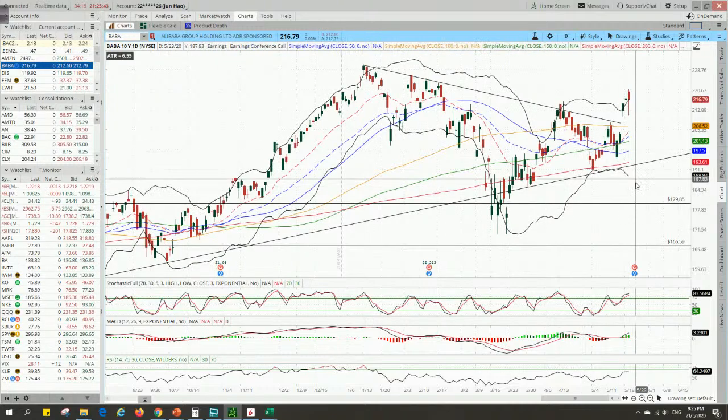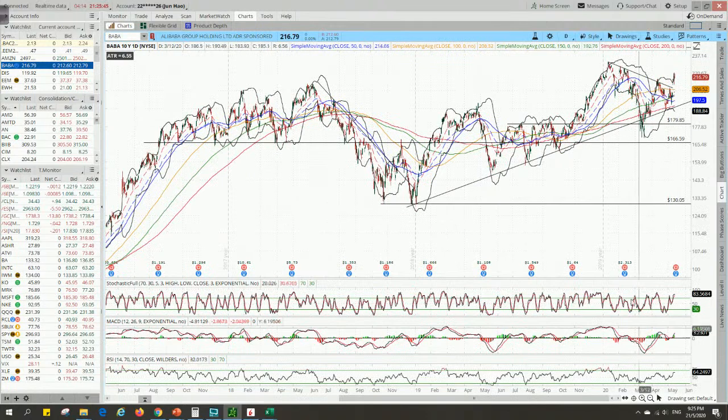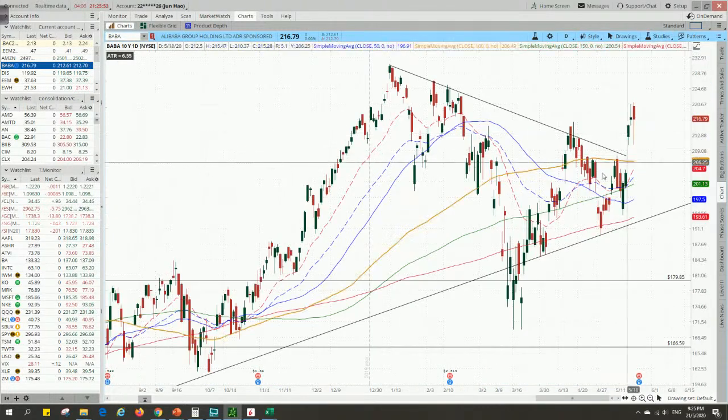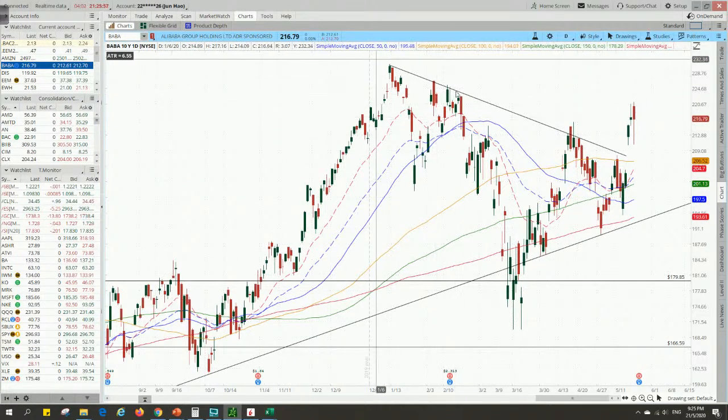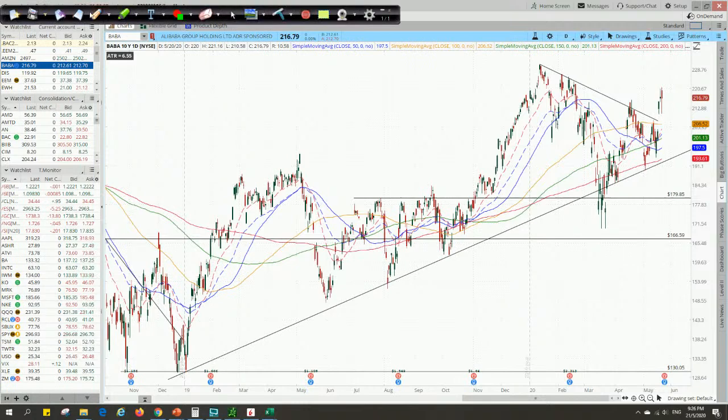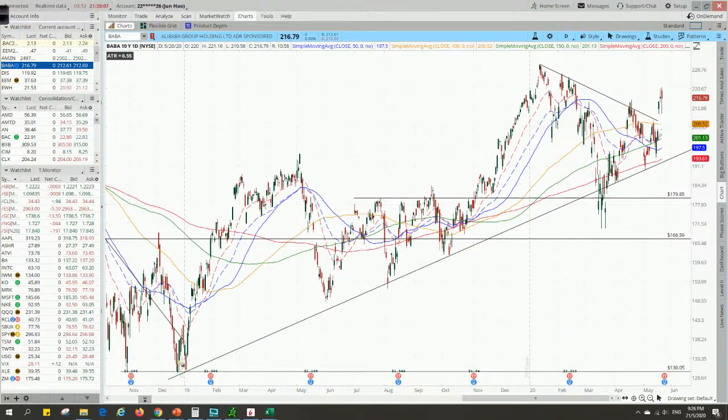But anyway, you can see from my analysis, I've drawn somewhat of a symmetrical triangle over here. You can see that the supporting uptrending trend line has been tested several times already.